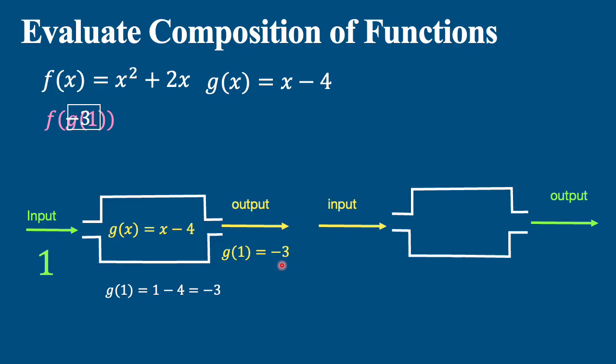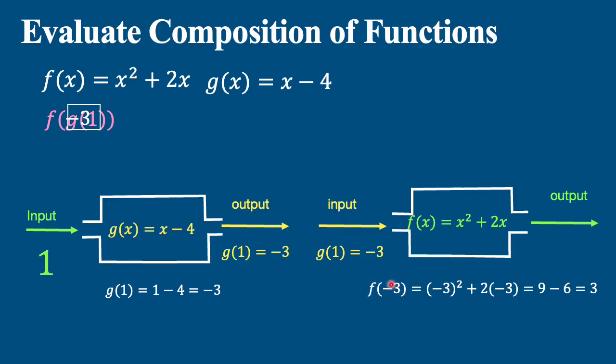So this negative 3 goes to the other function f. The f function is x squared plus 2x. This output of g goes into the function f. So the input is negative 3, and it goes through this box. f of negative 3 is negative 3 squared, which is 9, plus 2 times negative 3, which is negative 6. 9 minus 6 is 3.